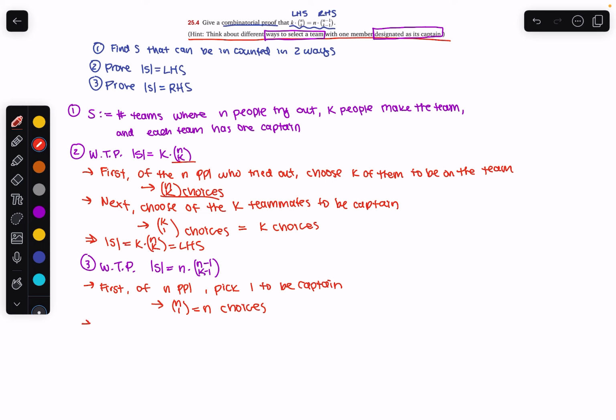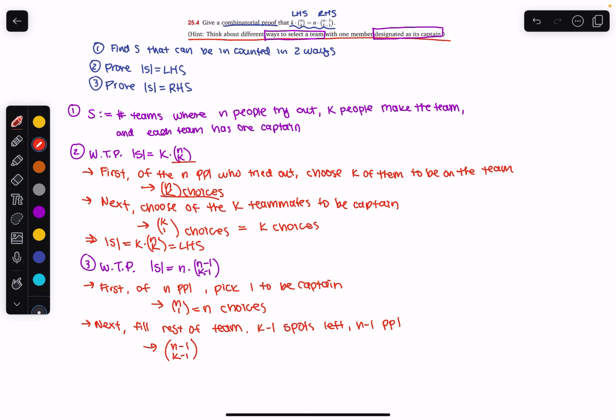And next, maybe we even give this captain full authority to pick who else is going to be their teammates. We fill the rest of the team. There are k minus 1 spots left on the team, because the captain's on the team. And there are n minus 1 people left, because the captain's already been chosen, so we have to choose new people. That gives us n minus 1 choose k minus 1.